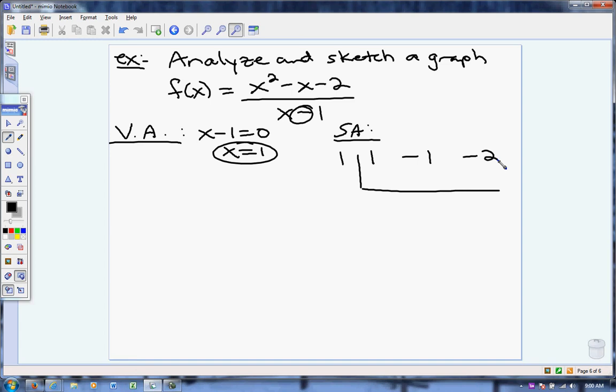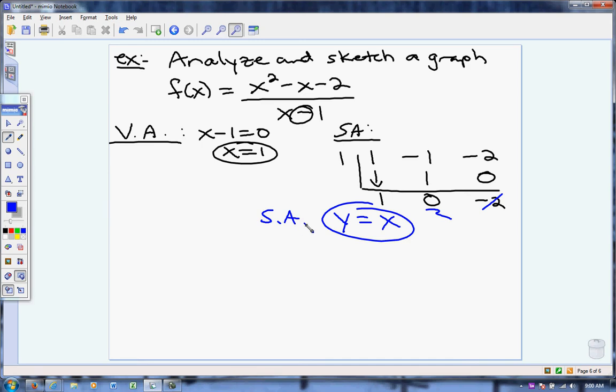I do my synthetic division, bring down the 1, multiply, that's 0, multiply, that's 0. -2 is a remainder, which we know is insignificant. So my slant asymptote equation is just y equals x, because there was no plus or minus a number because of this 0. So that's the equation of my slant asymptote.